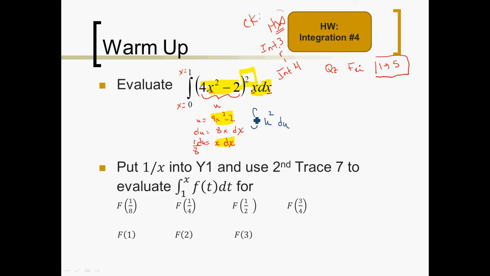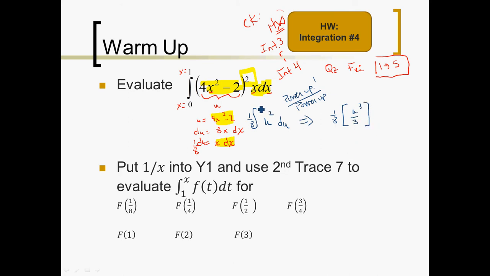I'm going to move the 1/8 out here. So I'm just using my power up, divide by the power up rule. So I'm going to get 1/8 u cubed over 3.